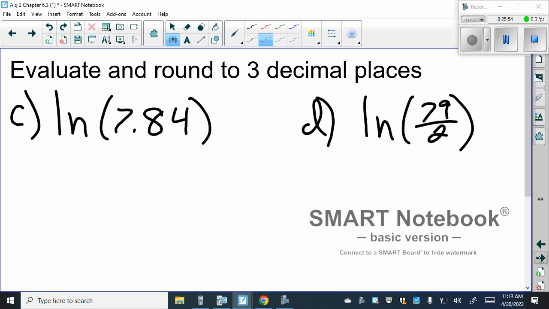How about the natural log of 7.84? That's 2.059. That's it.